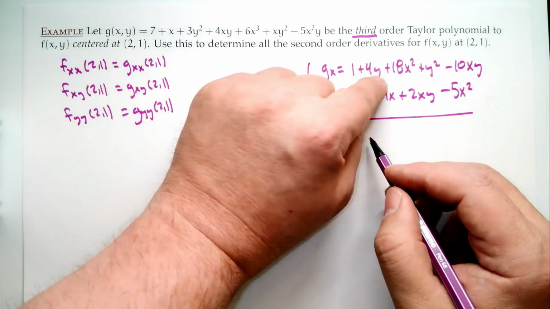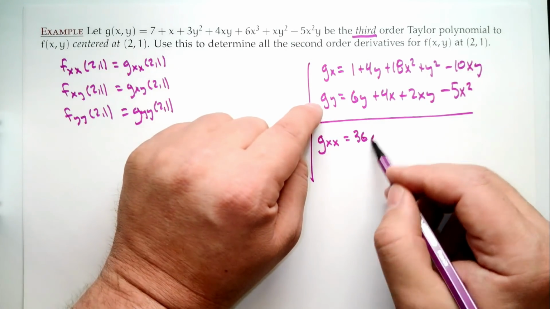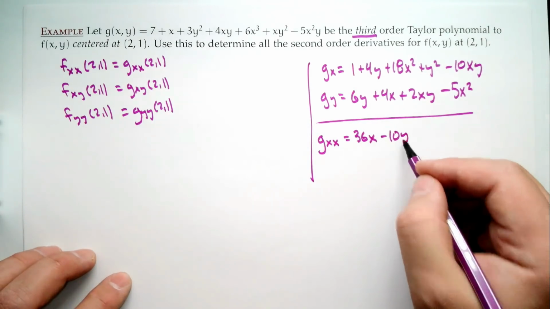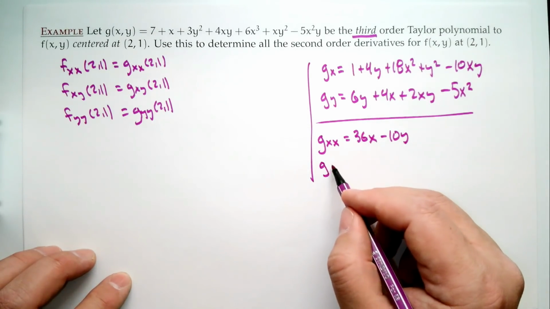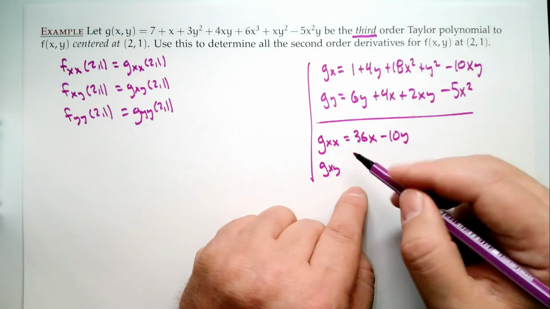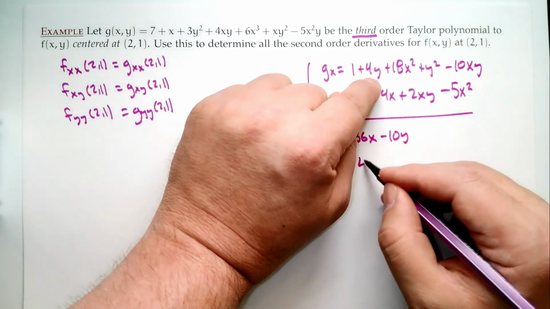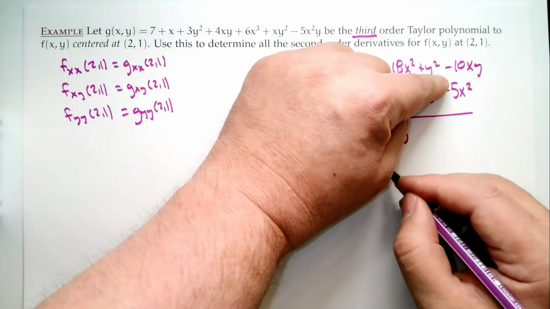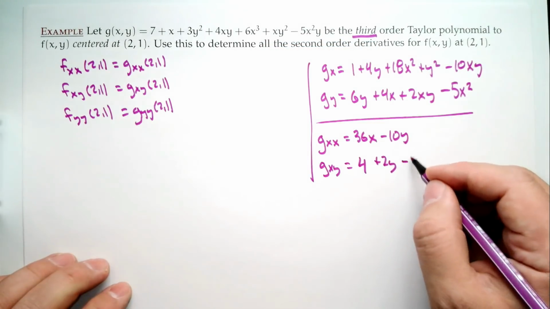Well, 0, 0, 36x, 0, and minus 10y. g_xy, well, we're going to get 0 plus 4 plus 0 plus 2y and minus 10x.